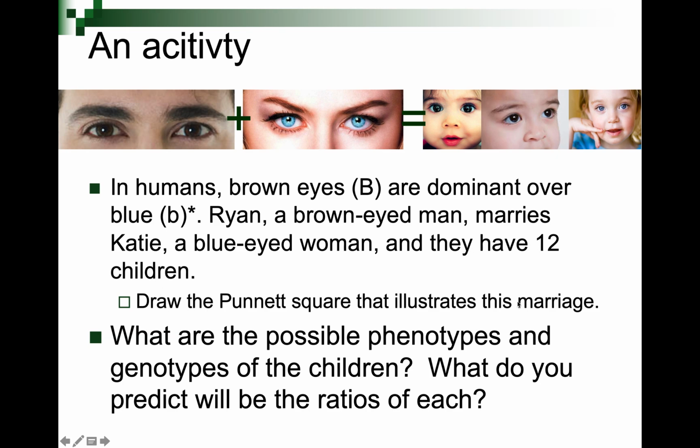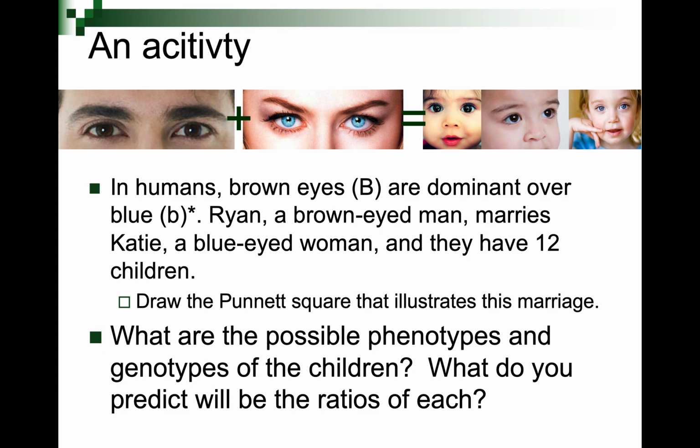Draw the Punnett square that illustrates this marriage, okay? And then what are the possible phenotypes and genotypes of the children? And what do you predict will be the ratio of each?